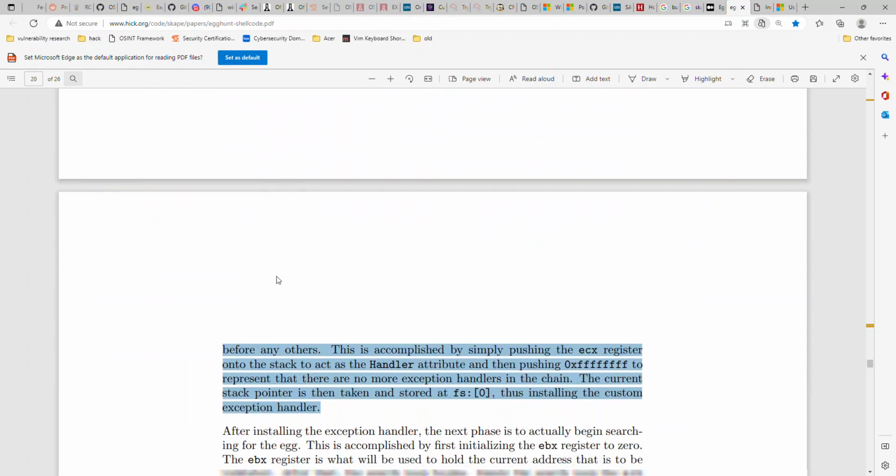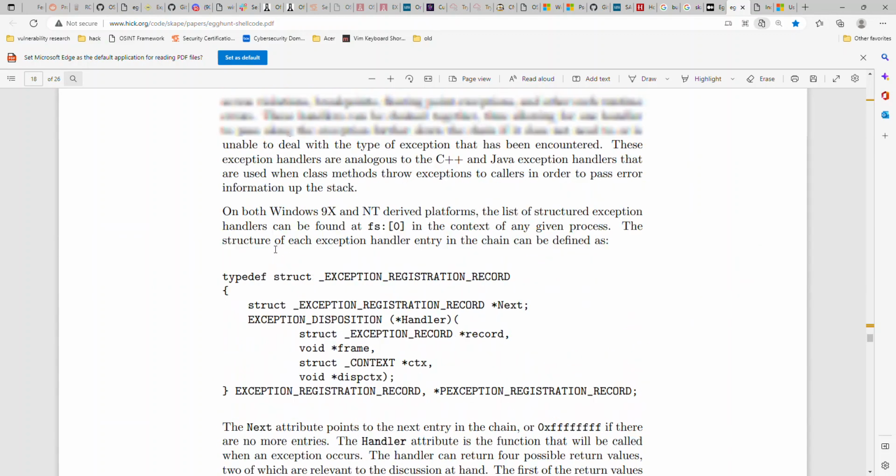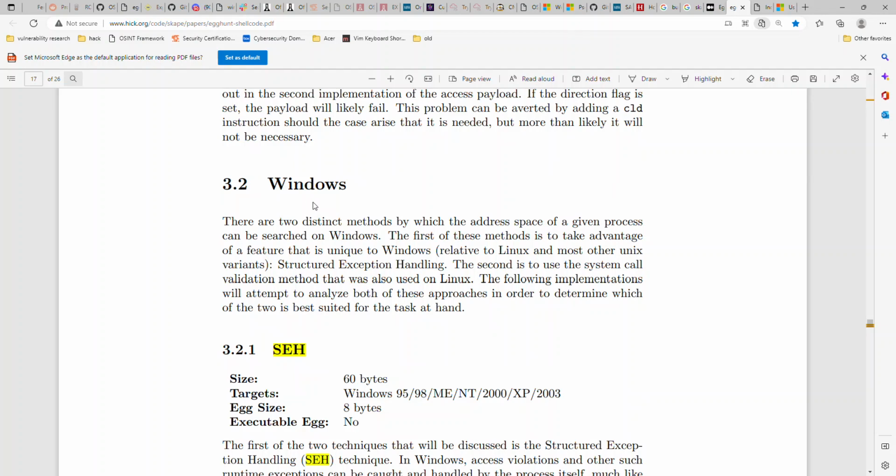I've highlighted the part that I thought was really helpful for understanding the SEH mechanism in the implementation of the egghunter and the egg.